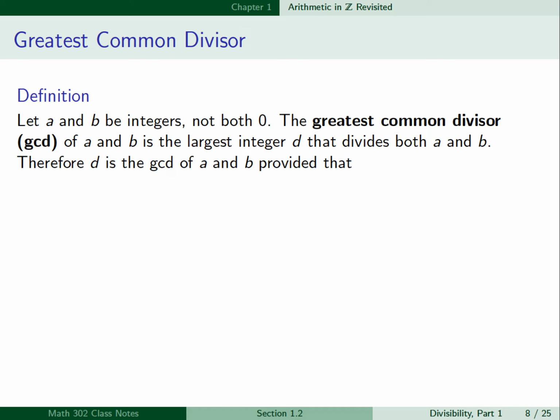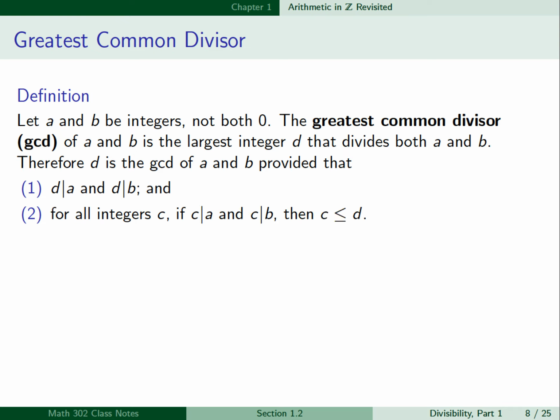Therefore, d is the GCD of a and b, provided that 1, d divides a and d divides b, so this is saying that d is a common divisor of a and b, and 2, for all integer c, if c divides a and c divides b, then c is less than or equal to d. And this is saying that if c is another common divisor of a and b, then c must be less than or equal to d. So this is the greatest part.